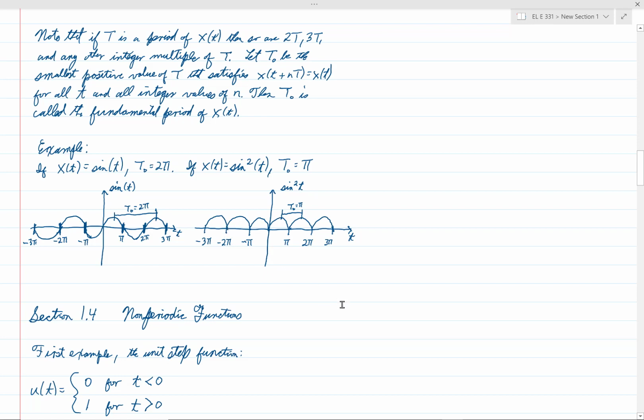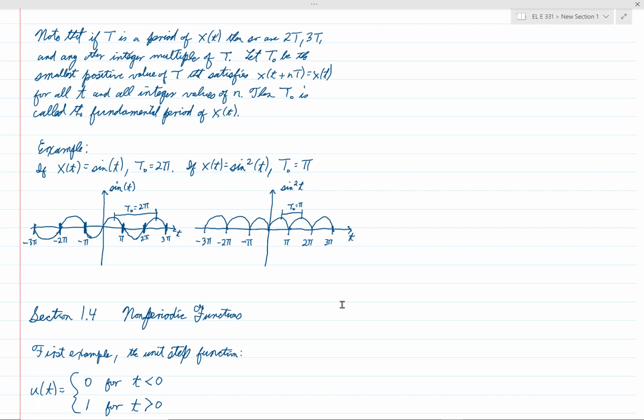In fact, let me fix that graph, because that's really not quite right. The basic character of it is correct, but we shouldn't have those sharp corners. So let me change that.